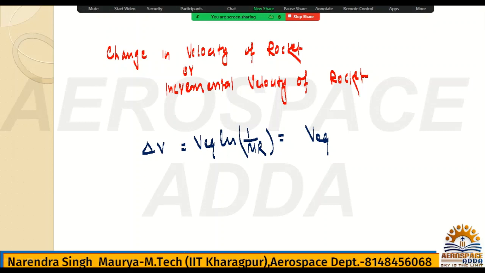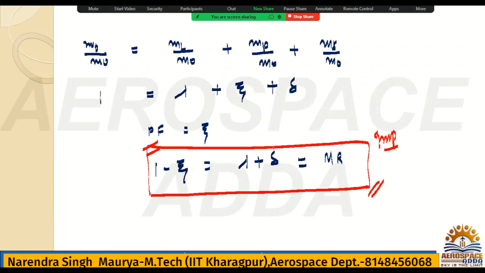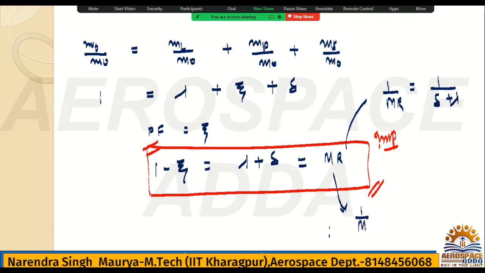That formula you had seen already, I am not going back again because you have written somewhere or you know this. What is 1 by mr? Check here, what is 1 by mr? So from here I can say 1 by mr is nothing but 1 by lambda plus delta, or here also you can see 1 by mr is 1 upon 1 minus zeta, no?